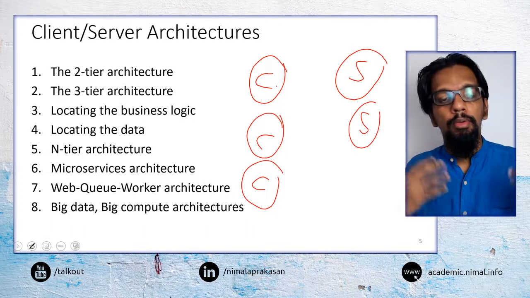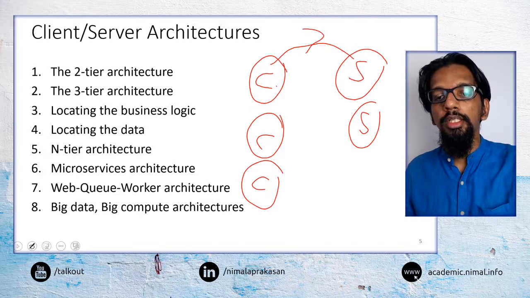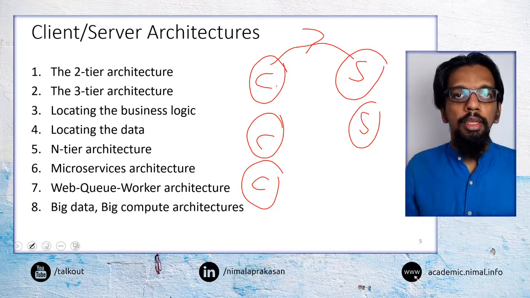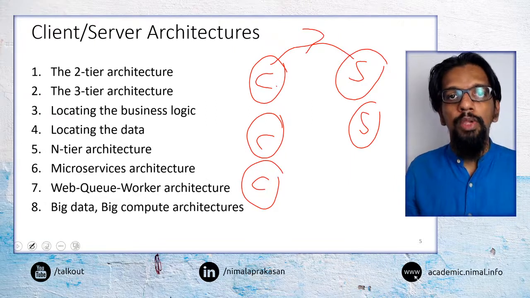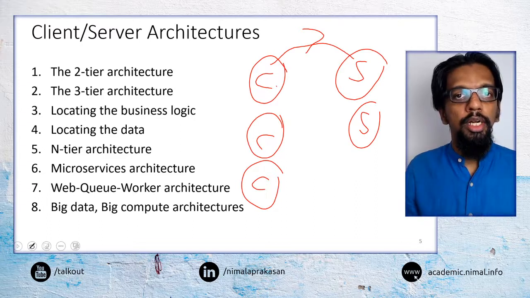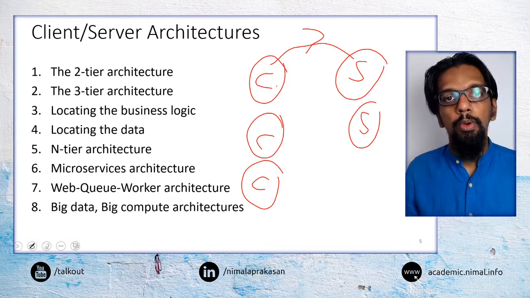So then we have to know what is the way the relationship between these things can be organized, how these things can be set up in an architecture. So that is what we are going to be mainly focusing on today. There are a few different arrangements that are possible, and we will discuss some of these in a bit more detail now.